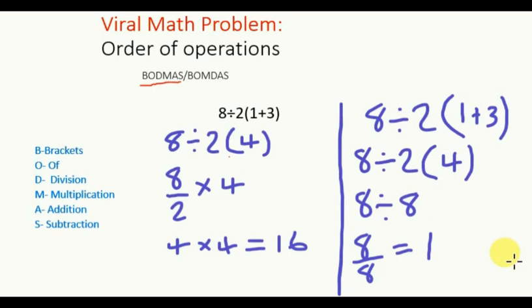The correct answer would be 16 because when you have the same precedence you work from left to right. So 16 would be the correct answer because we work from left to right.